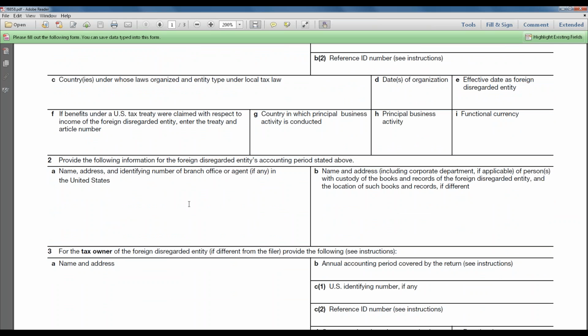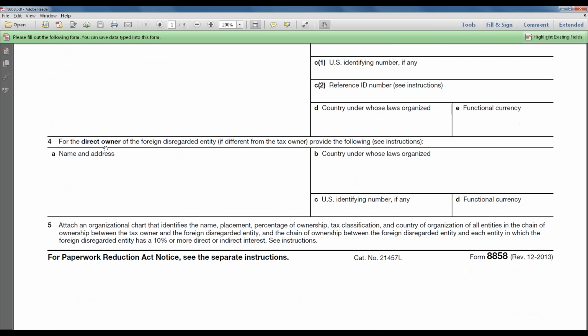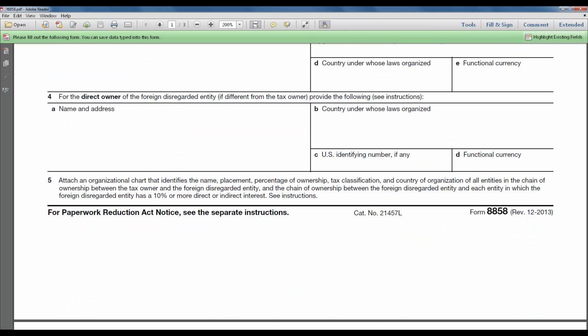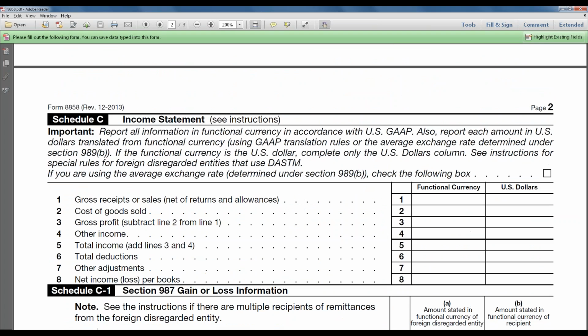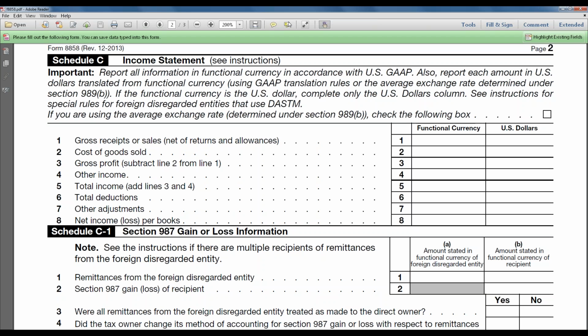Branch in the United States, that has to do with U.S. taxation. If it's disregarded, it's going to be pretty moot to you because it's owned by a U.S. person. And we're going to get down to the income statement, pretty much what you expect. We're now on Schedule C1, and C1 is the currency gain and loss information.